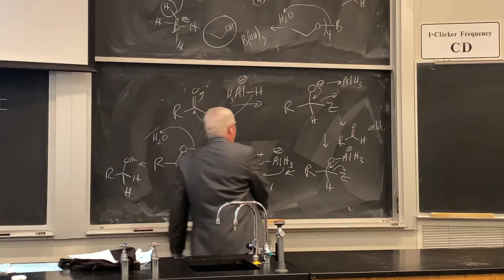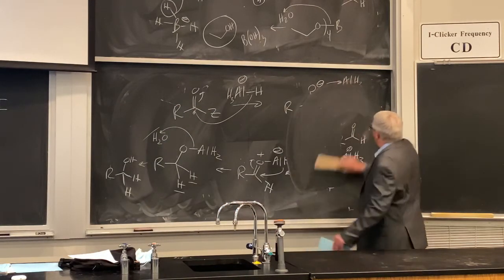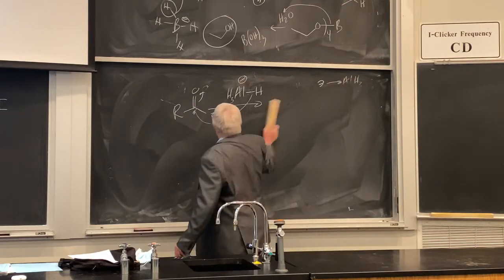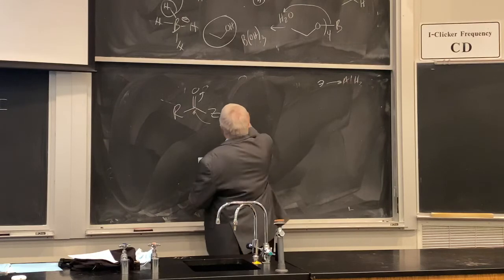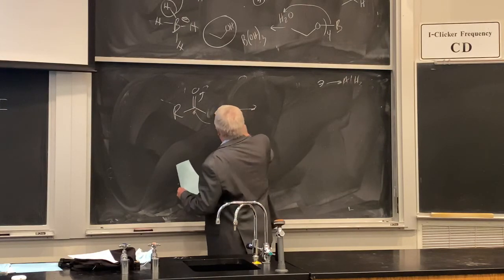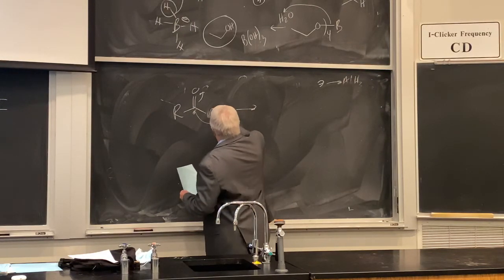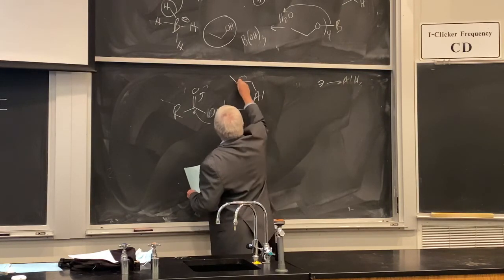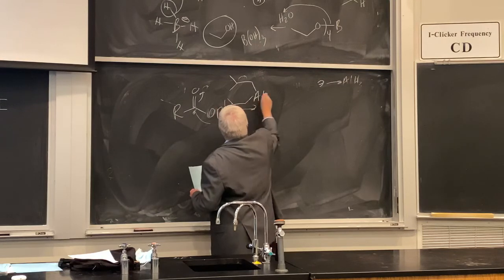Now, let's compare that with this. If we've got DIBAL now, this is going to be a little bit different. And DIBAL, remember, is specific for esters. So let's draw an ester here. And DIBAL is the aluminum diisobutyl hydride.